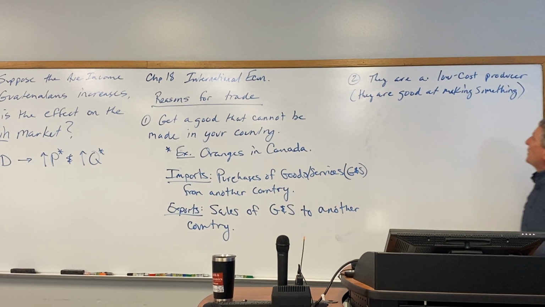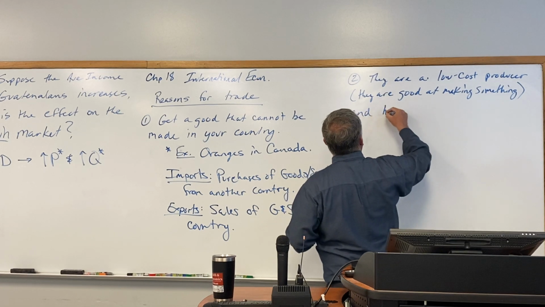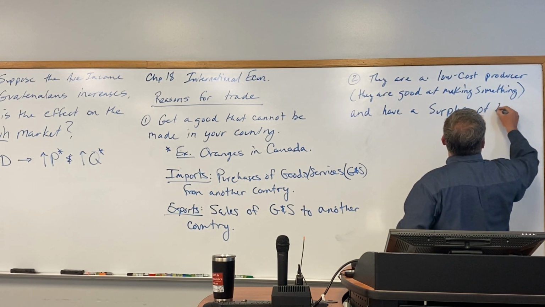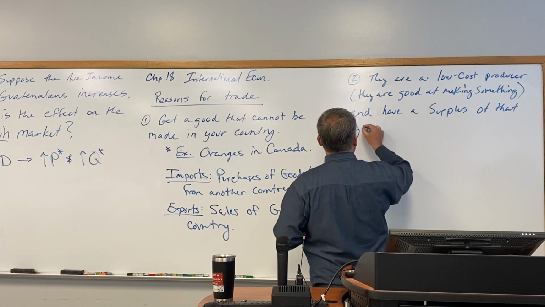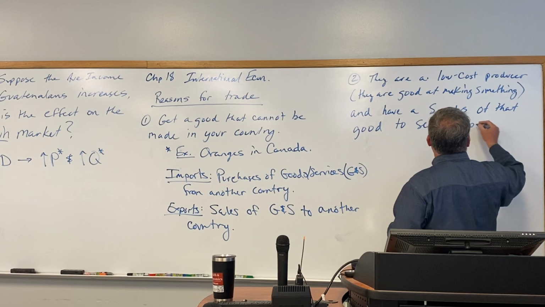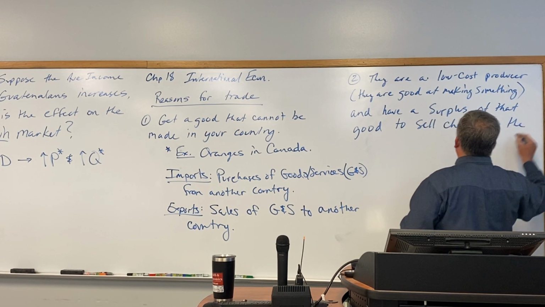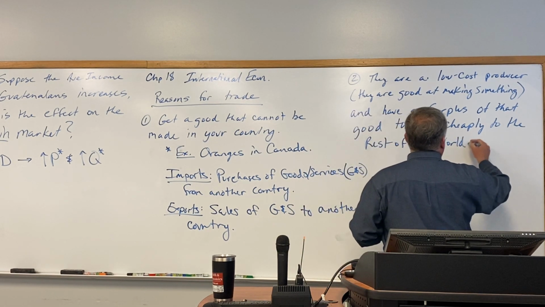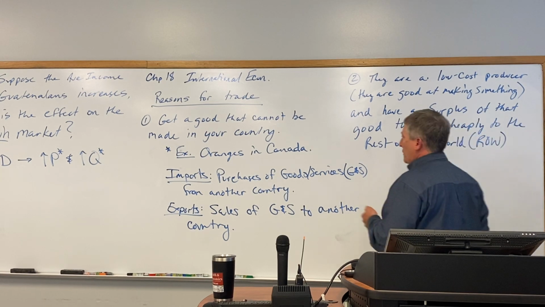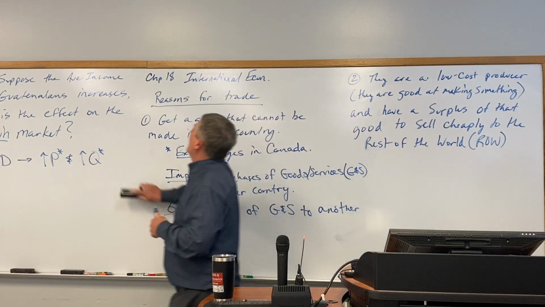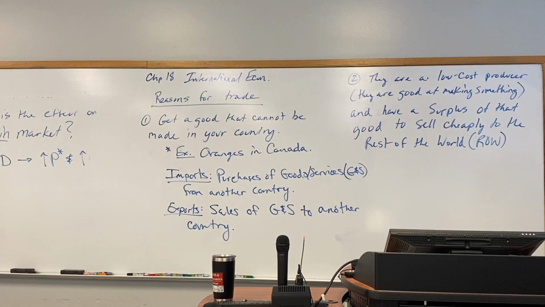They are a low-cost producer and have a surplus of that good to sell cheaply to the rest of the world. So I'll use this shorthand notation also, calling the rest of the world ROW. So the country of ROW means basically everybody outside my country, the rest of the world.